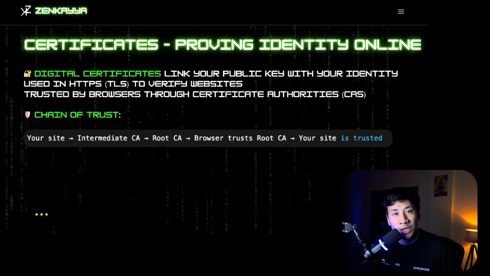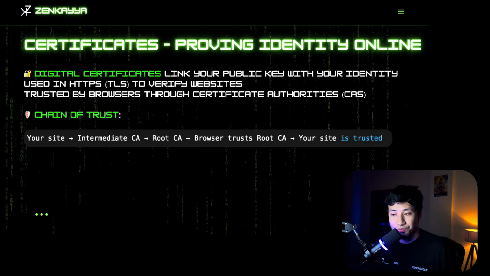Now let's talk about certificates, proving identity online. Some website needs to identify you, right? Whether you are a trusted person or not. How do they do it? Digital certificates link your public key with your identity and are used in HTTPS to verify websites.